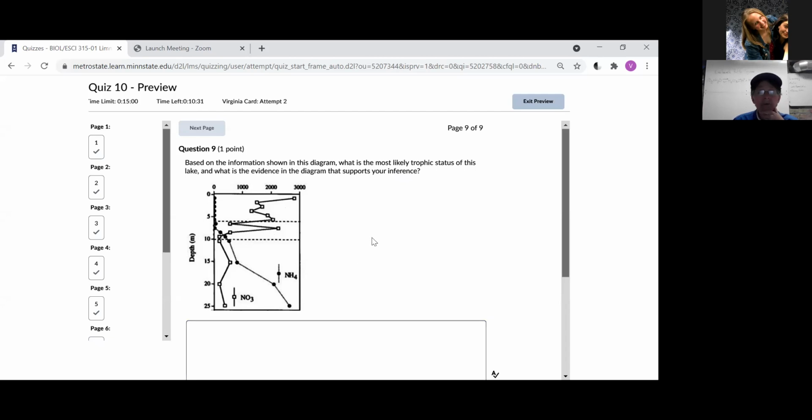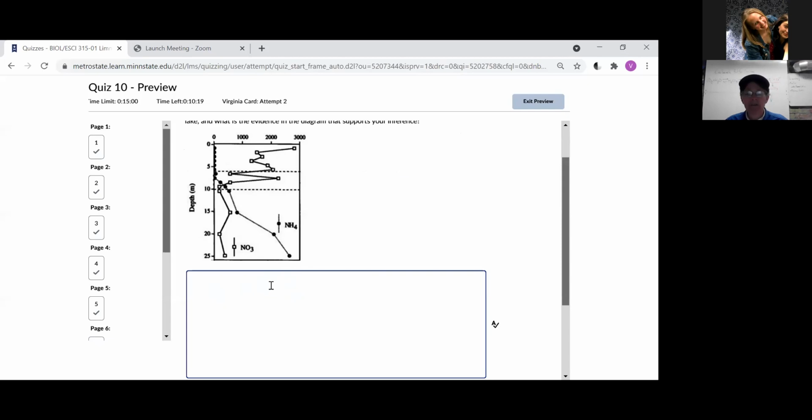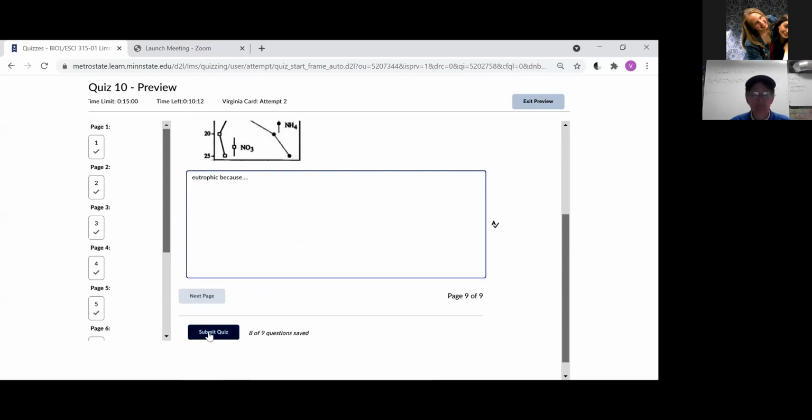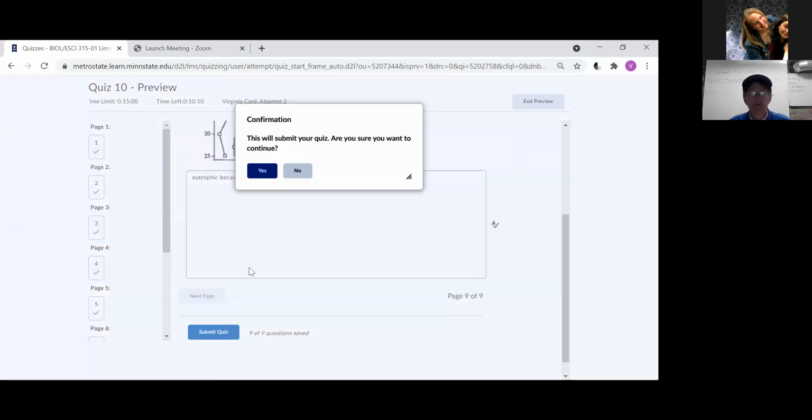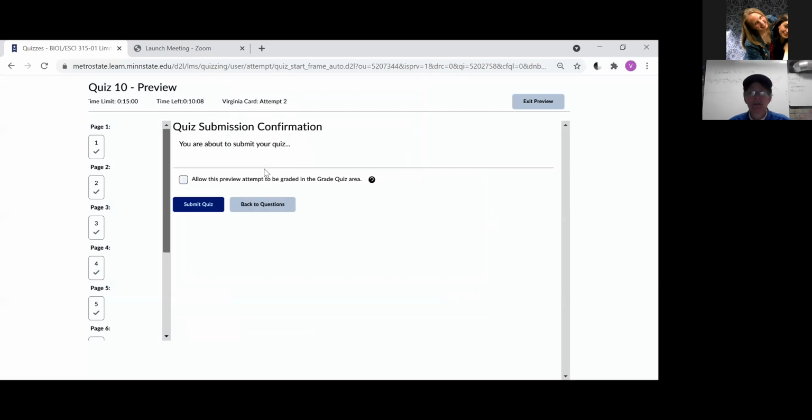It's either eutrophic or mesotrophic. High nitrate in the surface, but maybe it's phosphate limited, so that's why there's nitrate up there. I would take those thoughts and convert them into an answer. Eutrophic because, something like that. And submit the quiz. And how'd I do?